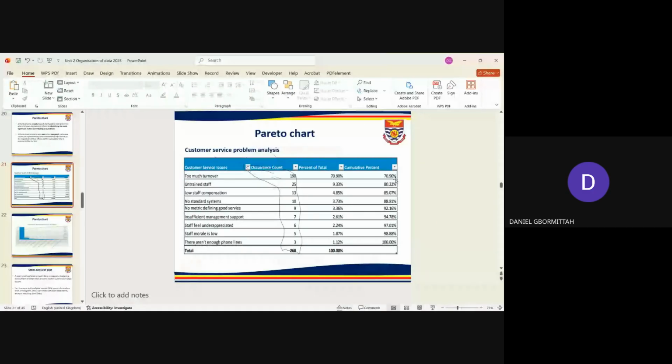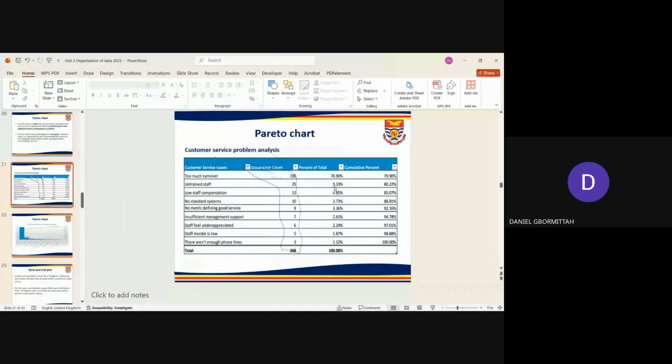For the second, you add the first percentage to the second: 70.90% plus 9.33% gives a cumulative of 80.22%.